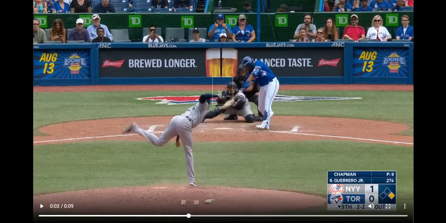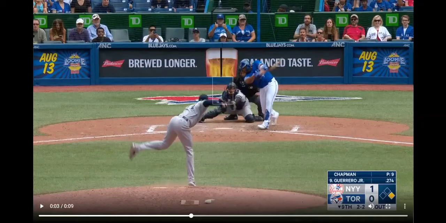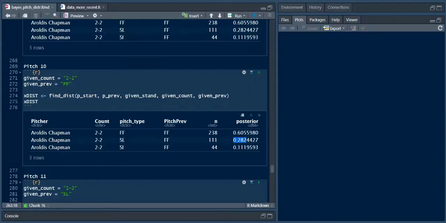He gets under it and fouls it back, so he may have been a bit late. But generally, I think Vlad does a good job of this. I think that means that Vlad's internal pitch distribution expectation was probably better than our model here because he assigned a higher probability to this slider, presumably, given that he was able to handle the slider well, than this model suggests that he should have.